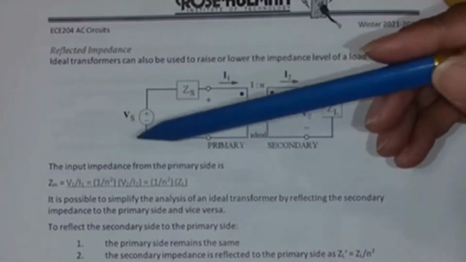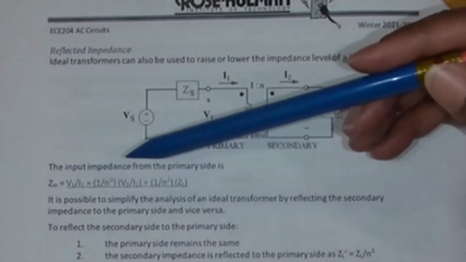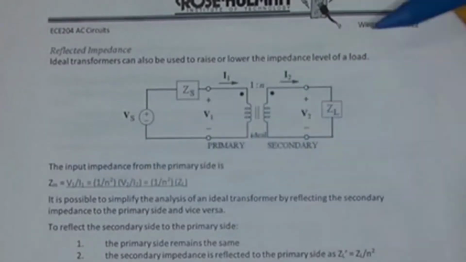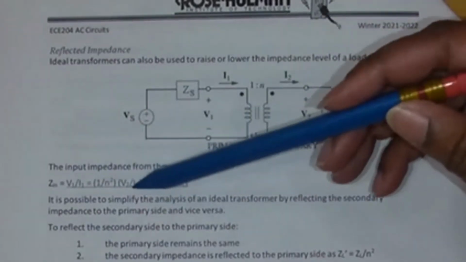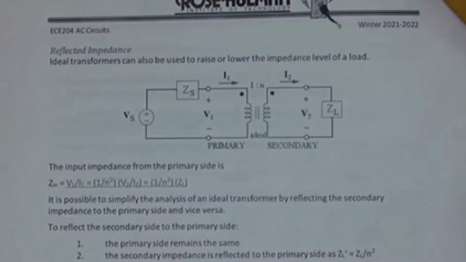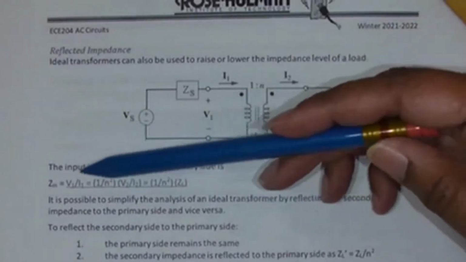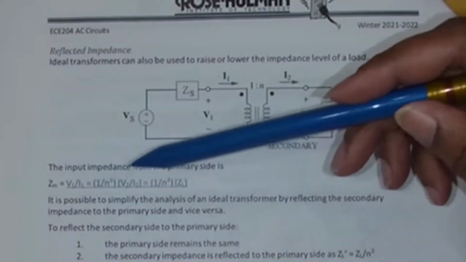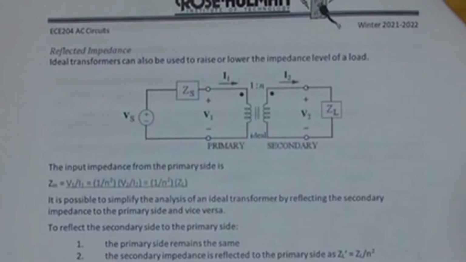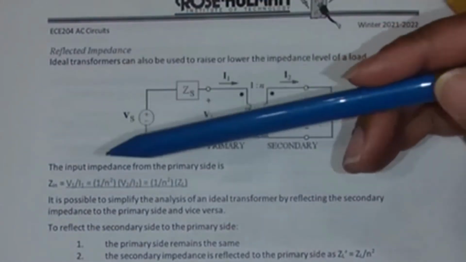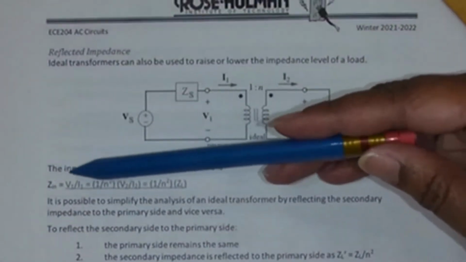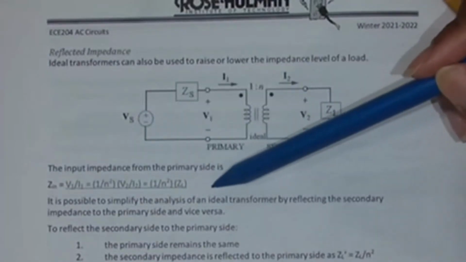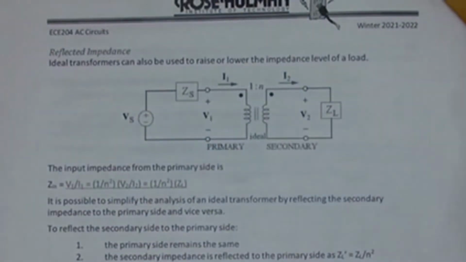So that would be equal to 1 over n squared V2 over I2 on the secondary side. How did I get this equation here? It's completely based upon that table, because I have relationships between V1 and I1 and V2 and I2. So that means that if I want to represent the input impedance on the load side of the circuit, it's 1 over n squared times ZL.